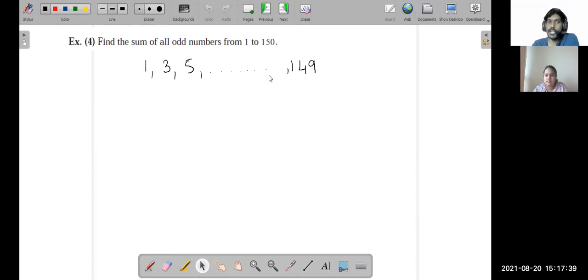Okay, before even, I'll do this odd one. How to do this odd one, and then you do the even one. Here we can use t1 plus tn because we know the beginning and the ending. We know the beginning is 1 and the ending is 149. So we can use that.